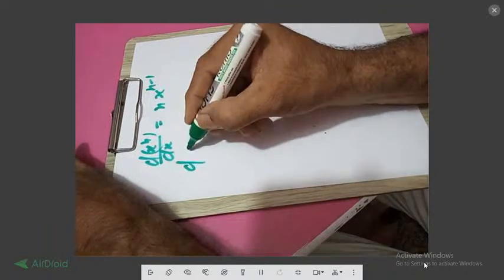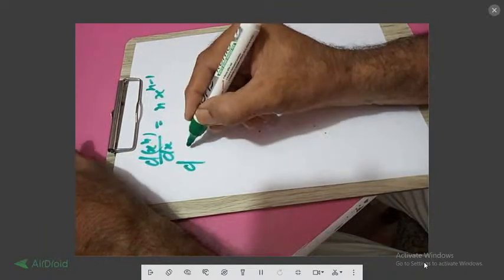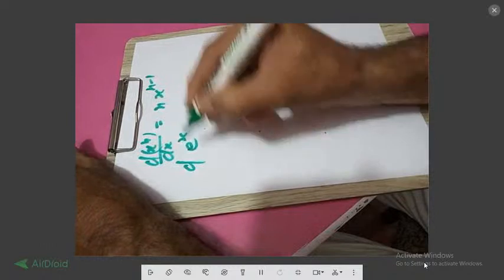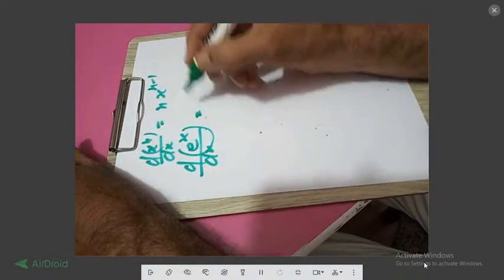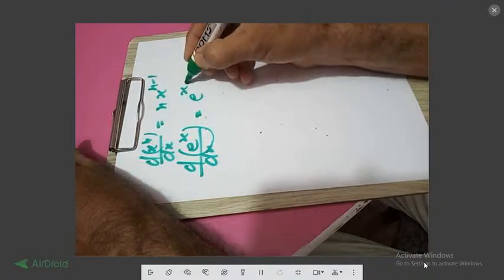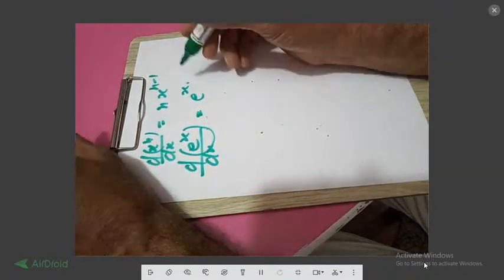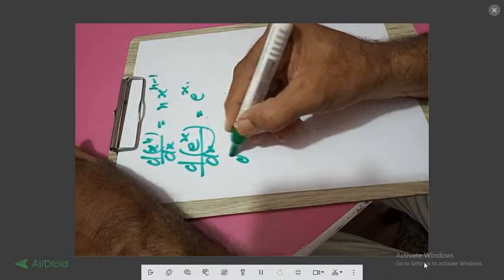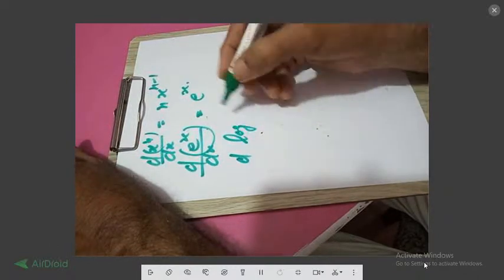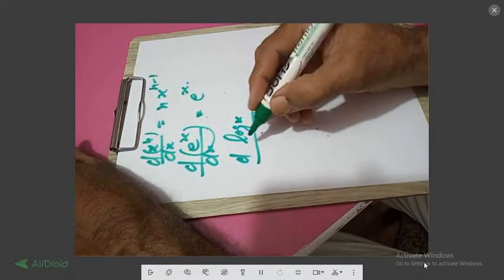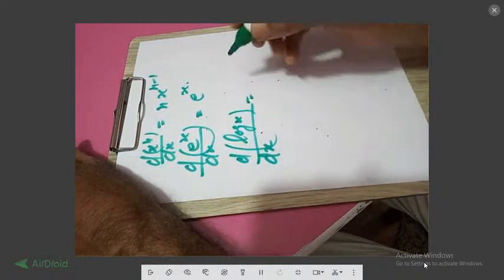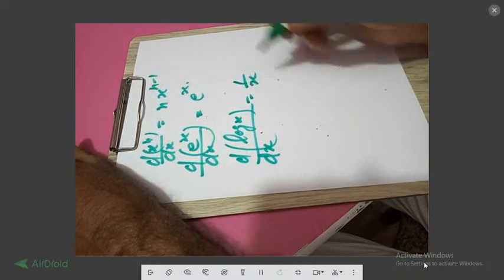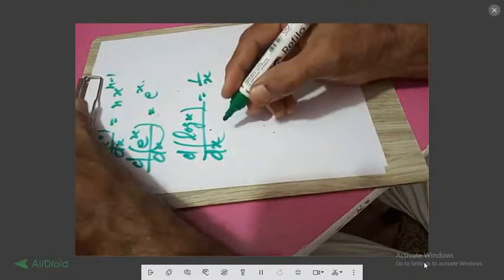The differentiation of the exponential function e to the x is always the same, and the differentiation of the logarithm function log x with respect to x is equal to 1 oblique x, and so on.